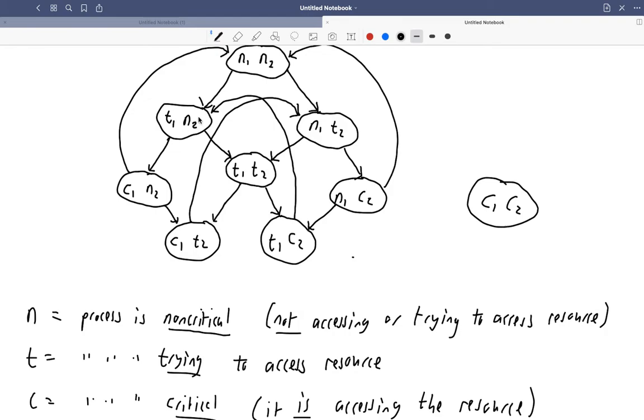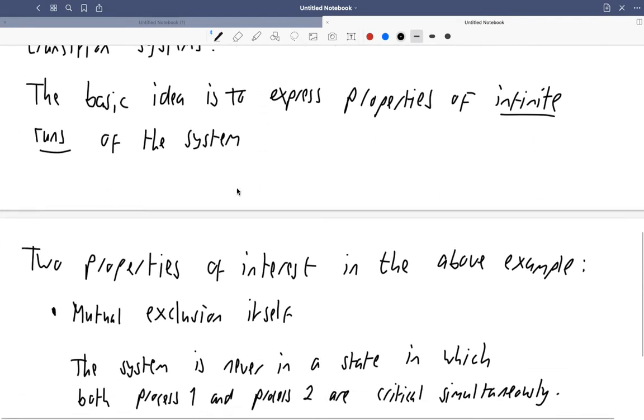But maybe process 2 is really pushy and again requests the resource, and maybe the scheduler or what have you is a bit biased and again grants access to process 2, and maybe we keep on going round this loop, and poor process 1, which put in its request at the beginning, maybe isn't ever going to be granted the resource. So the point is the model itself does not guarantee that this happens.